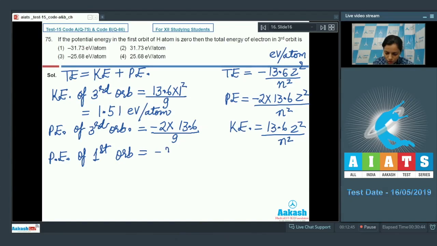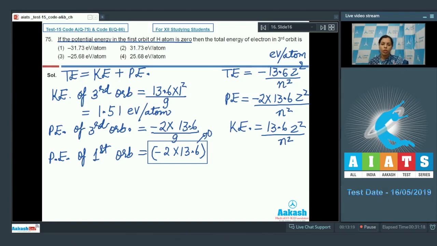Very simple, it is equal to minus 2 into 13.6 into z square, that is 1 square, by n square, n is 1 also, so this would be the value. But as per the question, it is said that the potential energy of the first orbit of hydrogen atom is 0, it means they are just considering this value is now 0.